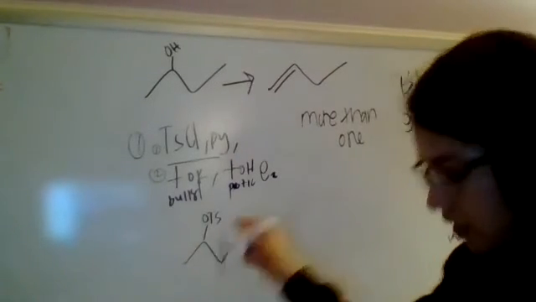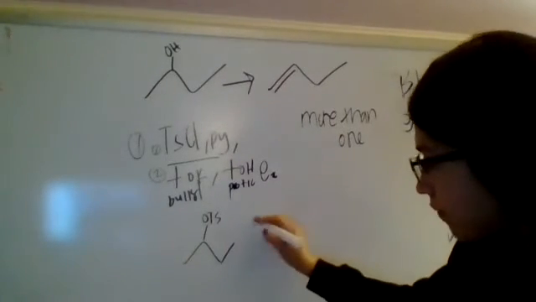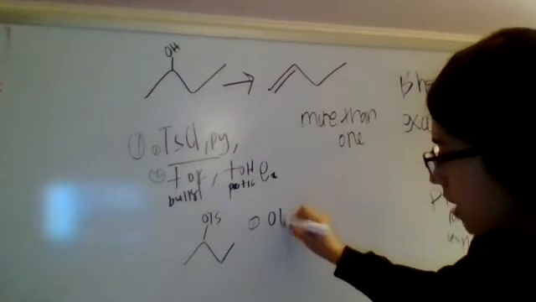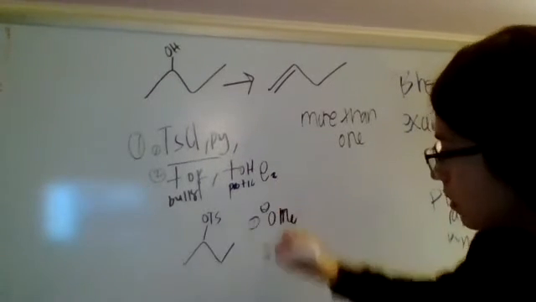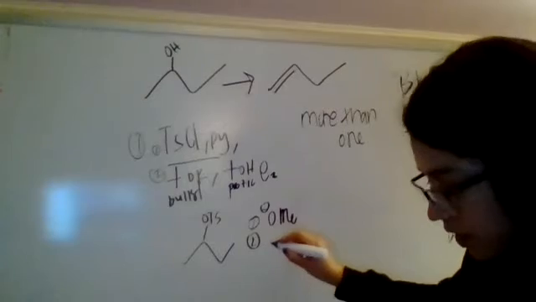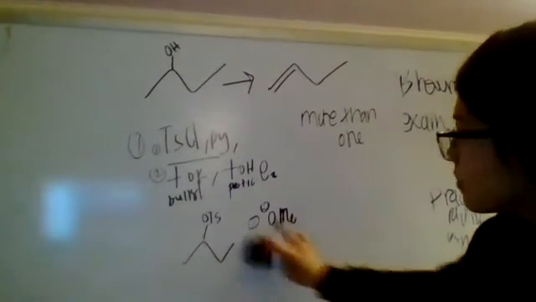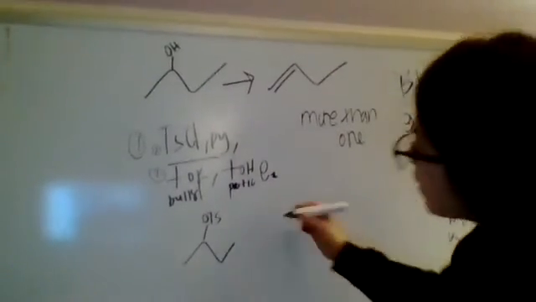Yeah. So the other one was your starting material is this OTS thing, and then your first reactant was methoxide, and then your second one was, oh no, just methoxide. Hold on, let me write that better.